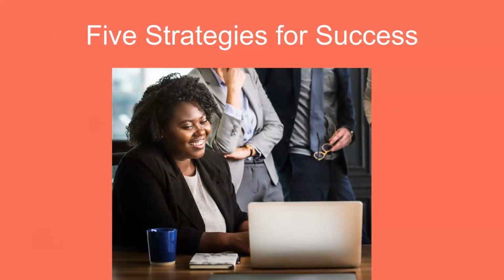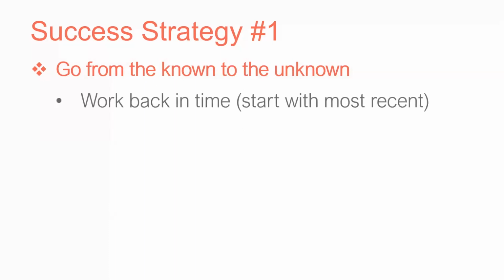Next, I am going to demonstrate 5 strategies for success in locating your African American ancestors. Success strategy number 1 is to go from the known to the unknown. You want to start with the most recent records and work back in time.